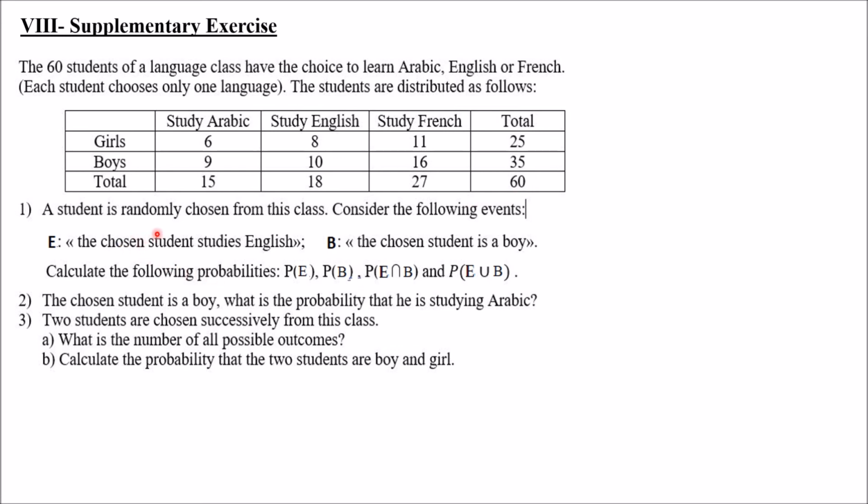We are choosing a student randomly, and we have two given events. E stands for the chosen student studies English, and B stands for the chosen student is a boy. I copy the given to the next page.